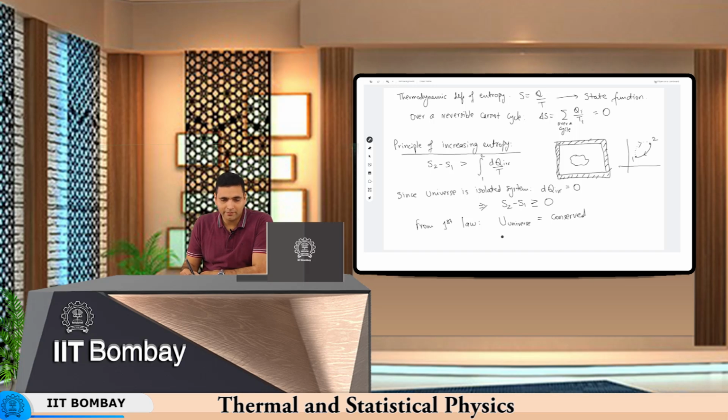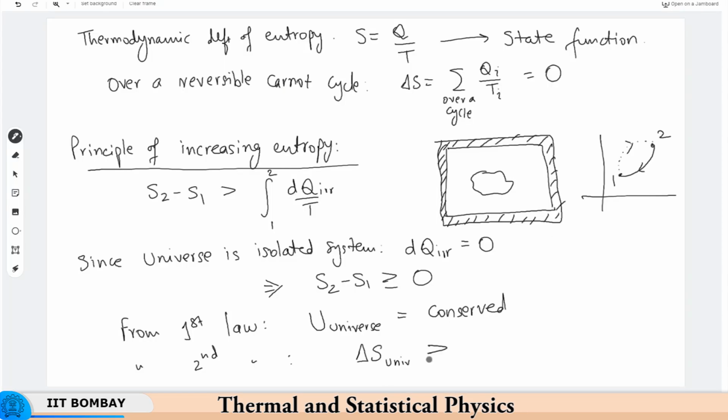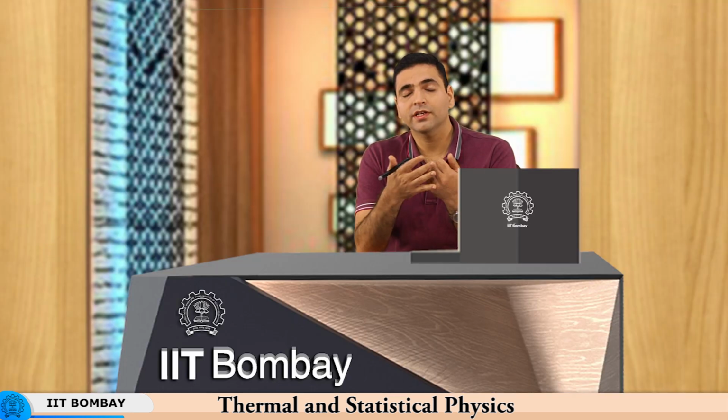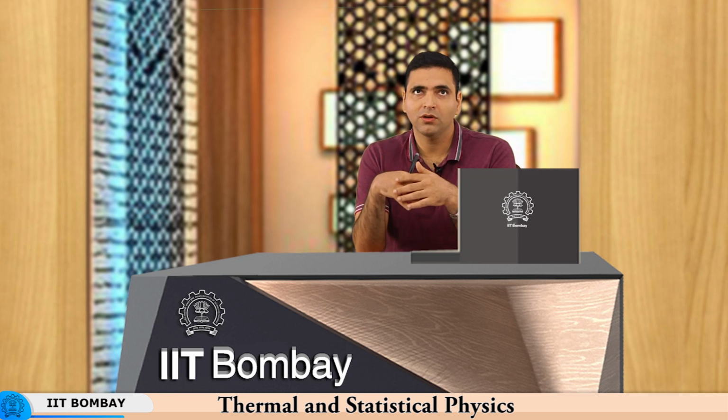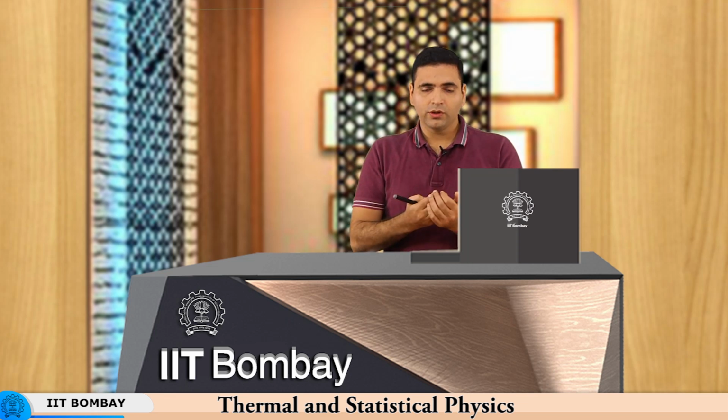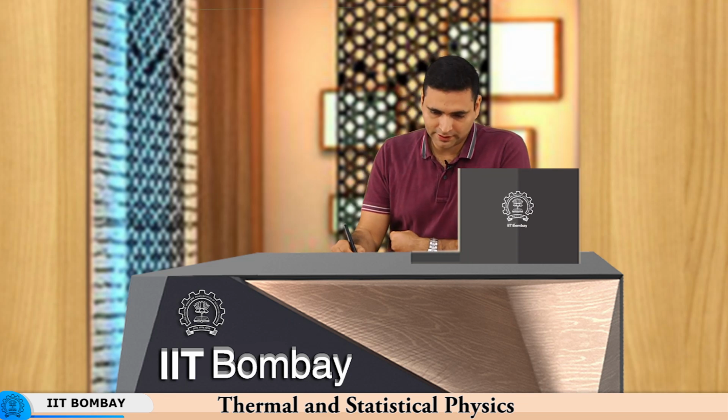And from the second law we can say that the change in entropy of the universe in any process is greater than or equal to 0. It can never be less than 0. It is equal to 0 for processes that are at equilibrium and reversible, but if you have irreversible processes, the entropy always increases. I hope that concept was clear.